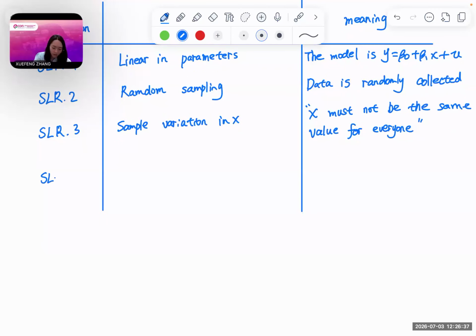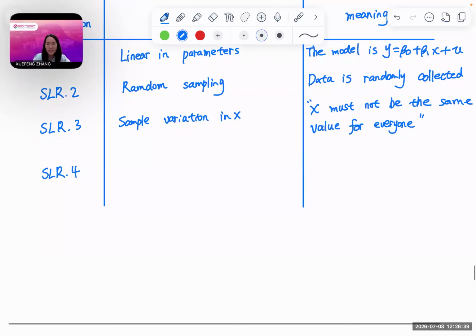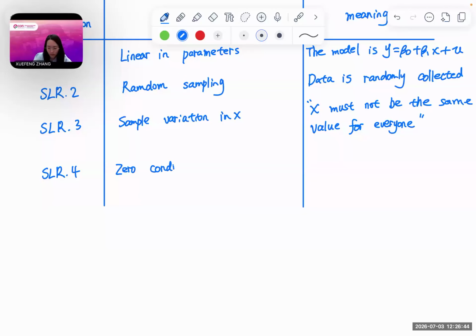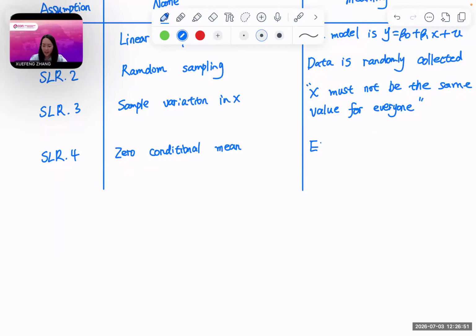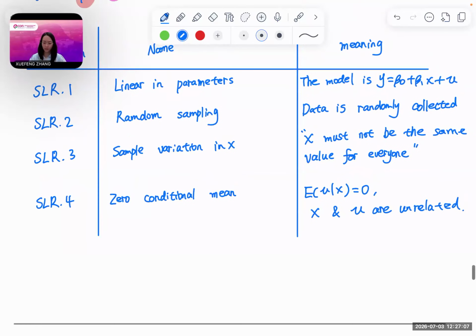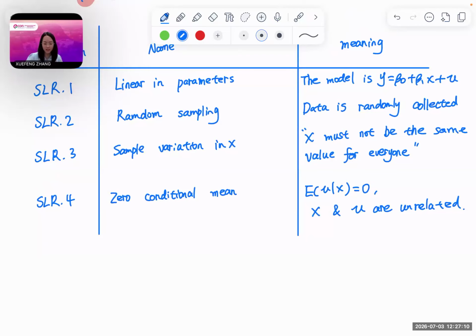Next one, zero conditional mean. It means that the expected value of mu given X equals 0. Okay, so X and mu are unrelated. Okay, those are the 4 assumptions.